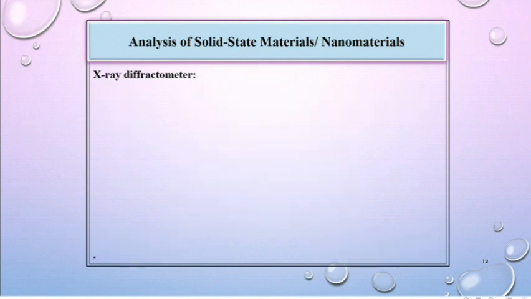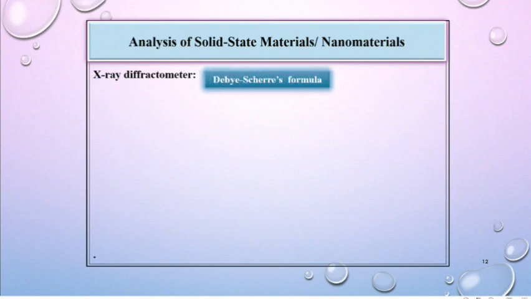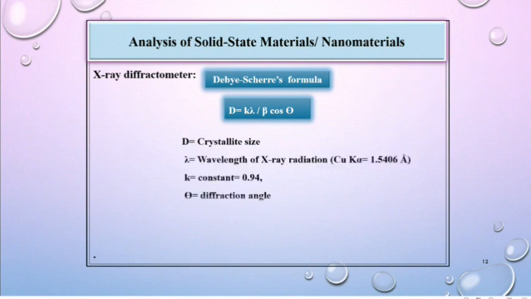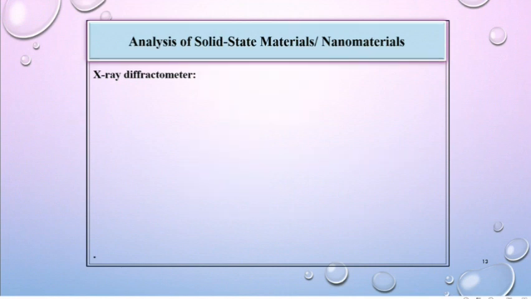From the XRD data, the crystallite size D of the materials is calculated by using the Debye-Scherrer formula, which is D equal to K lambda divided by beta cos theta, where D is the crystallite size, lambda is the wavelength of X-ray radiation, K is a constant, theta is the diffraction angle, and beta is the full line width at half maximum.